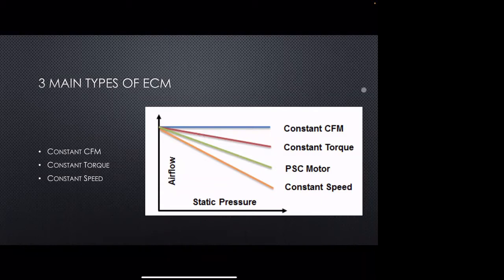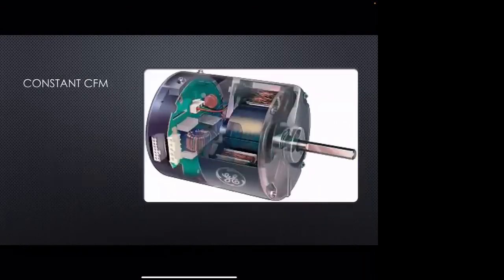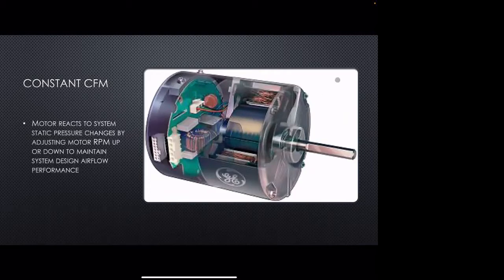Let's look at those a little bit more, okay? A constant CFM motor, a constant airflow motor, is one that we'll see on our 59 TN6s, MN7s, the 58 CVAs, and those have that wide variety of speed range.